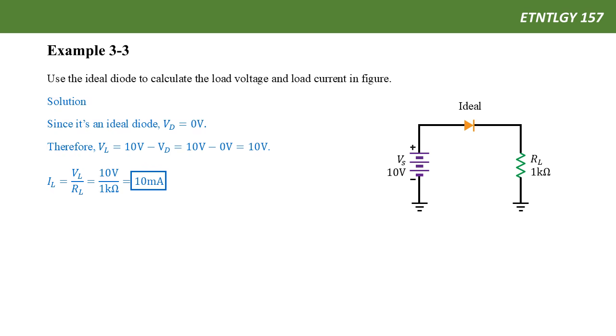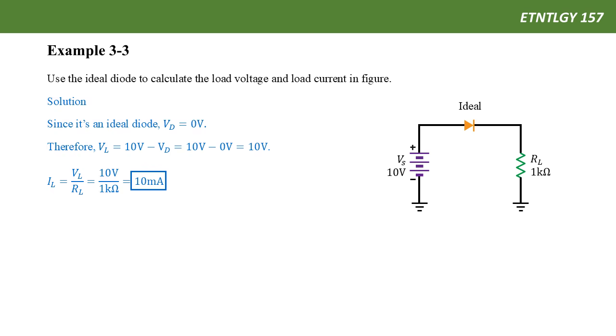In this figure, we can see that the diode is in forward bias because the current flows out from the positive terminal of that 10-volt source, enters the positive terminal of the diode, the anode, and then exits from its negative terminal, the cathode, and then continues flowing through the load resistor, and then reaches ground.